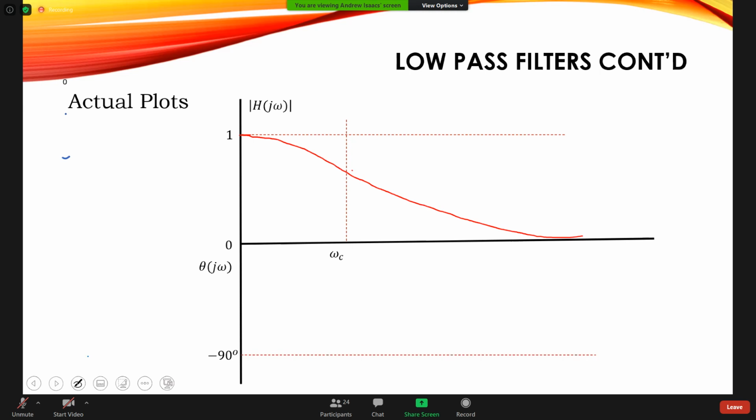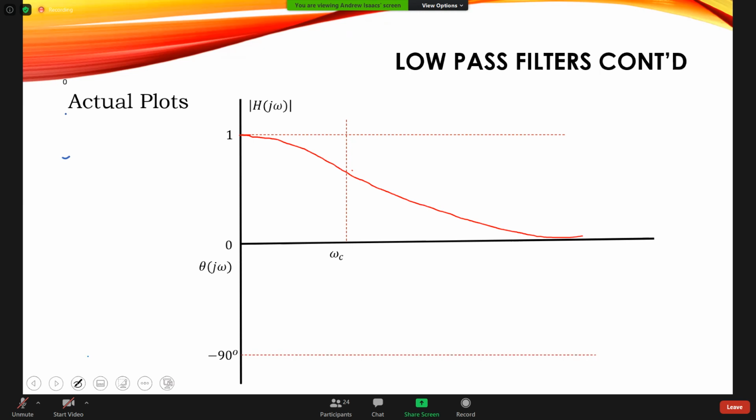And of course, as the frequency increases, we know that the tan goes up to infinity, fair enough? So the inverse tan of infinity would be 90. Okay? So we know that at infinity, we would have come down to minus 90, because it's minus inverse tan of omega L over R. So at 0, we are at 0. All right?